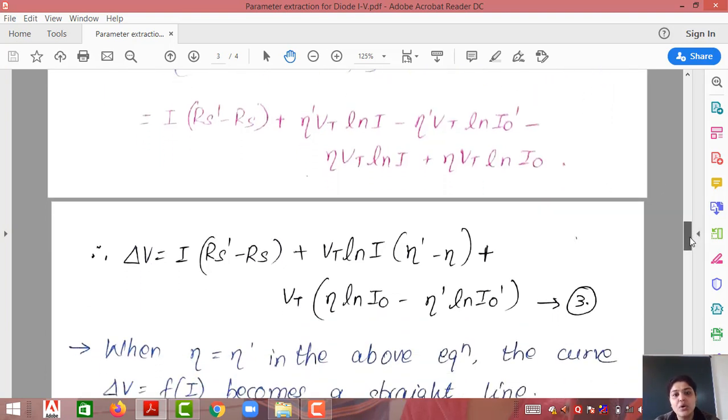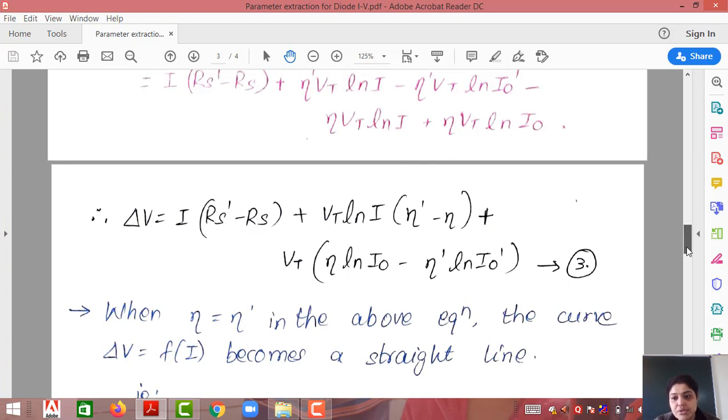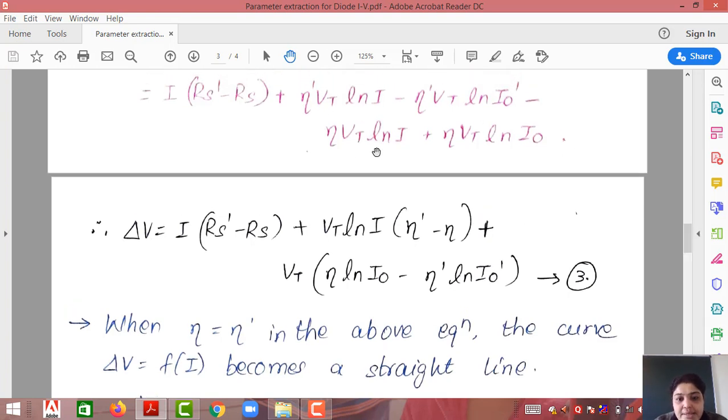And now I'll take out all the simple terms, all terms which are common. So delta V is equal to I times Rs dash minus Rs, plus Vt ln of I. Now there is a term having Vt into ln I here and there is a term having Vt into ln I here.